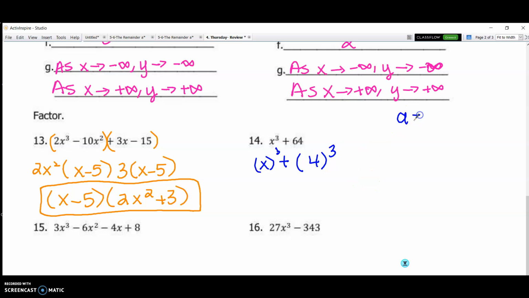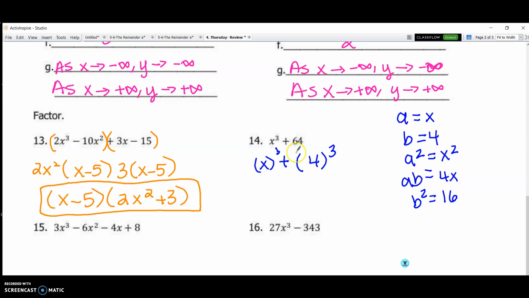That tells us a is x, b is 4, and then you also need a squared, ab, and b squared. So x would be x squared, ab would be 4x, and b squared would be 16.